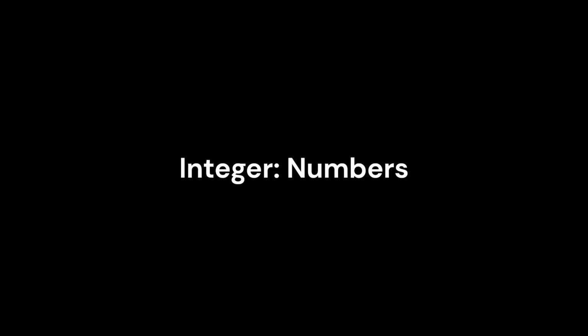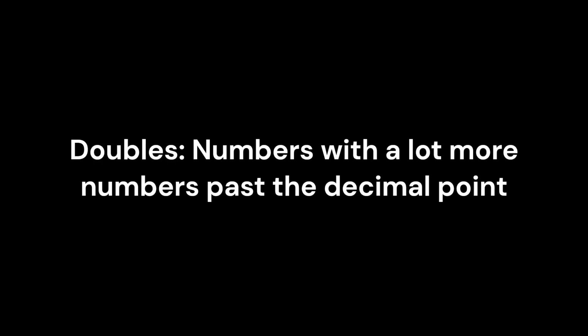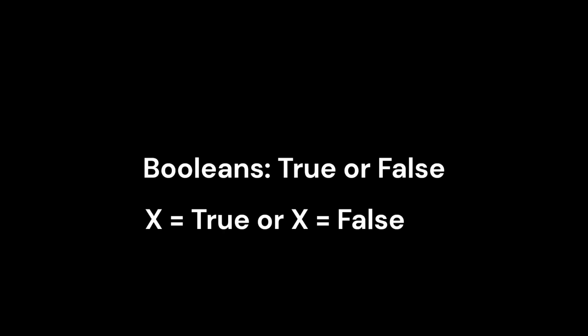To type a string, you use quotation marks. If you notice, the WriteLine function usually uses a string. There's also integers, which are numbers without decimal points, floats, which are numbers with decimal points, doubles, which are numbers with even more numbers past the decimal point, and booleans, which are either true or false.